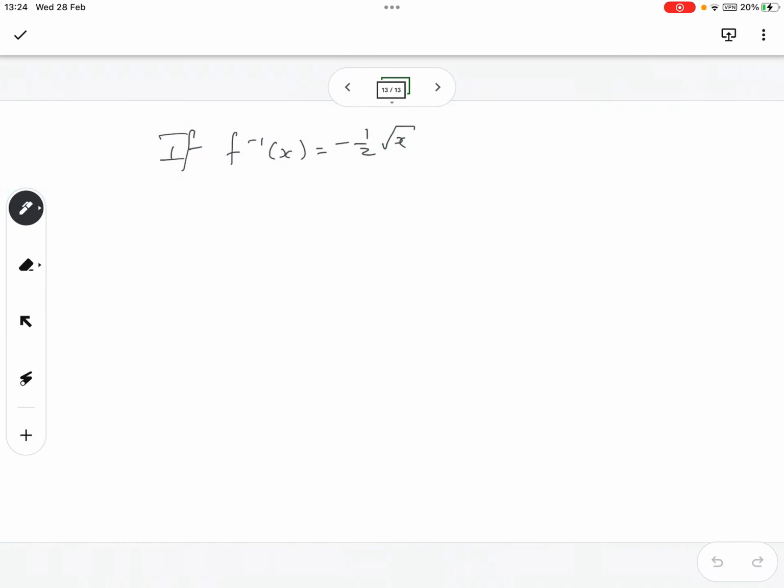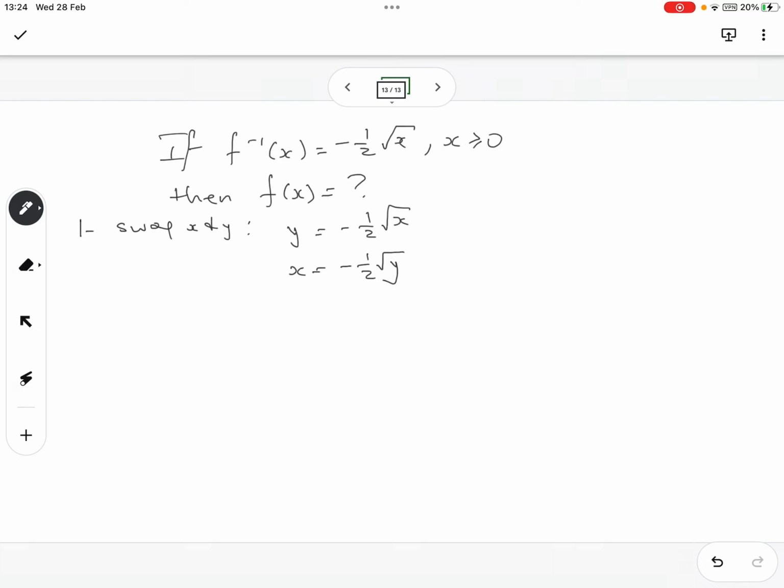negative half square root of x, right? That's for f inverse. F of x would be, so we first swap, right? So we'll have y equals negative half x. x is negative half y.